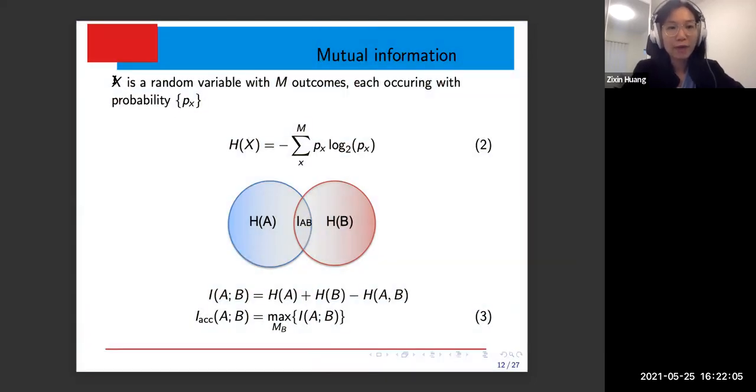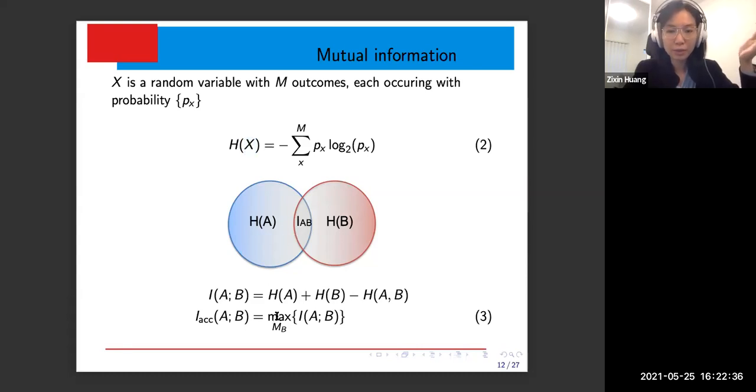So if X is a random variable with m potential outcomes, each occurring with probability P of X, then the entropy of X is given by the negative of the summation of P of X multiplied by log 2 of P of X. This tells you how much information you get on the variable X by measuring it.